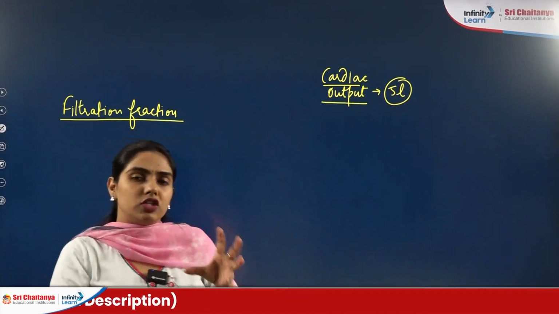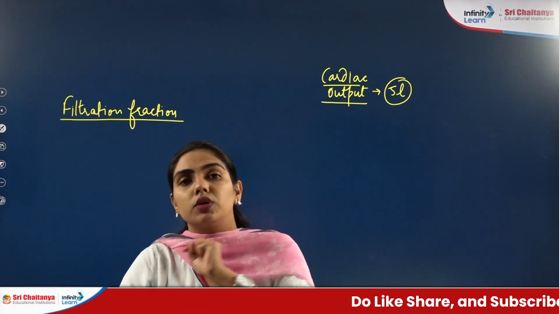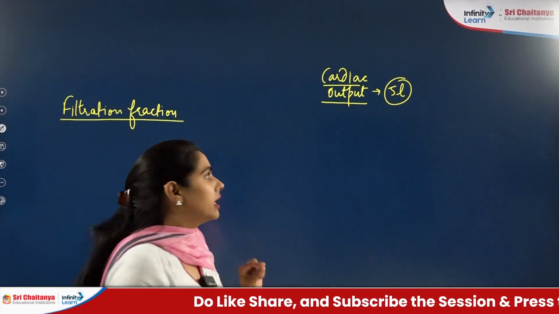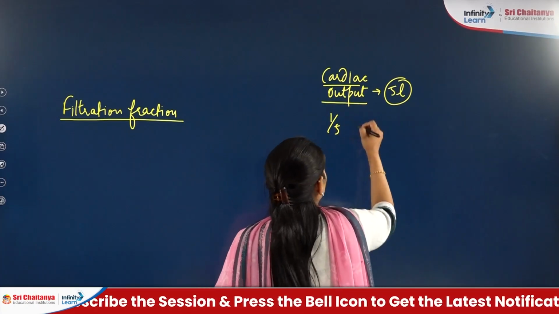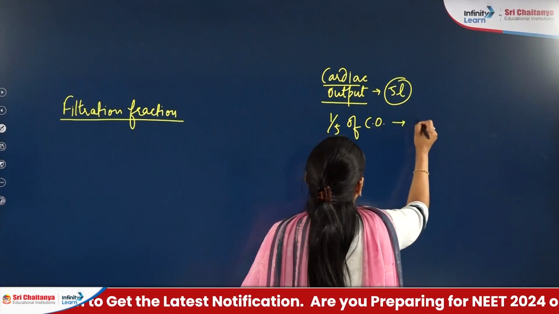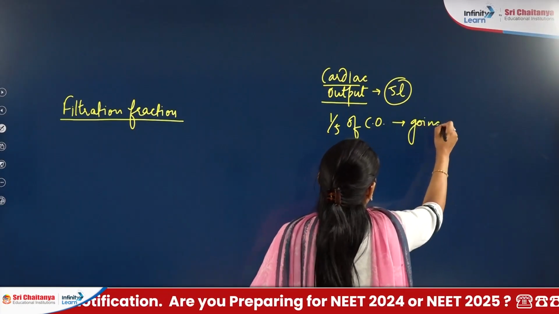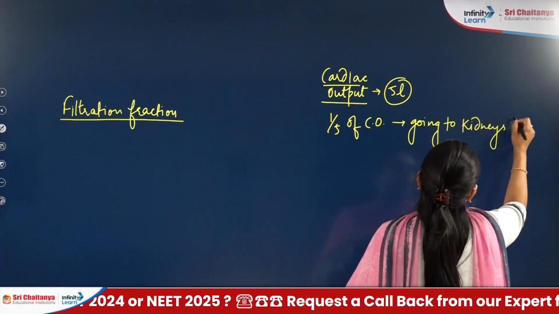Of the blood pumped by each ventricle, how much blood is going to the kidneys? 1/5 of cardiac output is going to the kidneys per minute.